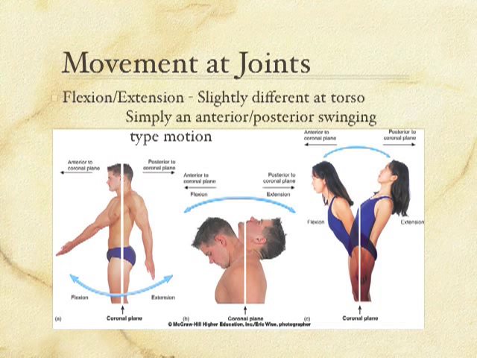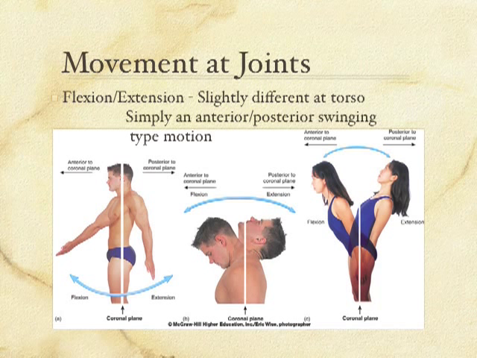Same thing at my hip. Any movement forward with my limb from my hip is a flexing motion. Any movement backward from my hip is an extension motion. So if you keep the forward-backward concept going, it works everywhere except the knee.